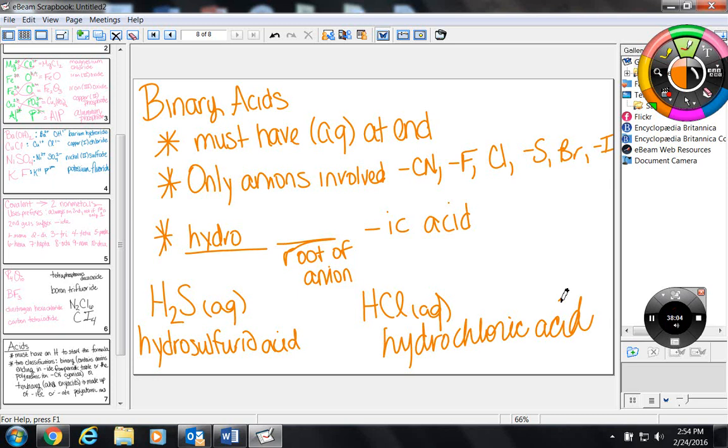It's an -ate, and we'll get there. Everything in a binary acid compound will be a 1-to-1 ratio, except for hydrosulfuric, which will have a subscript of 2 with the hydrogen, because sulfur is a -2. Everything else is a -1 in the anion, and hydrogen is a +1, so there's not going to be a subscript on the anion side.